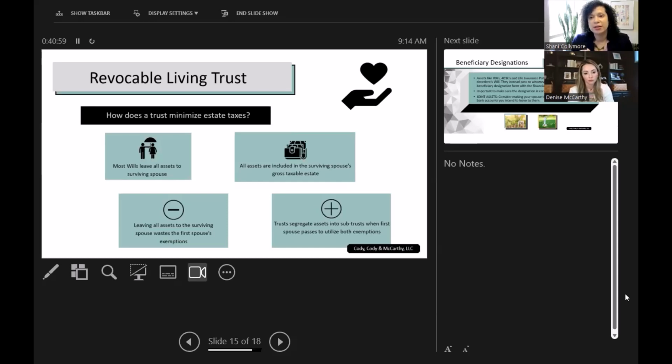So we could set aside the first $1 million in your family trust for your surviving spouse, and anything over the $1 million exemption amount would go into your marital trust. That $1 million in the family trust will never be included in your surviving spouse's estate when they die. So that's out of the picture.